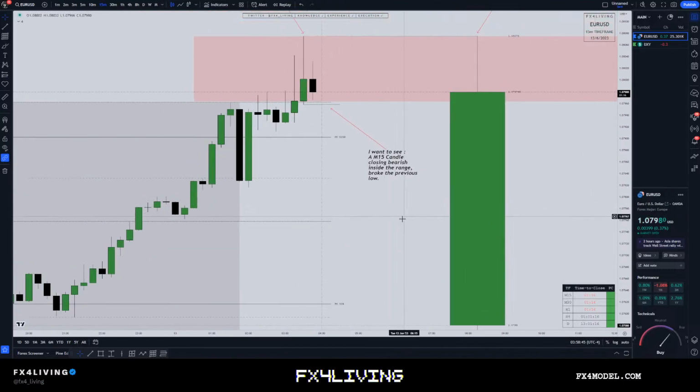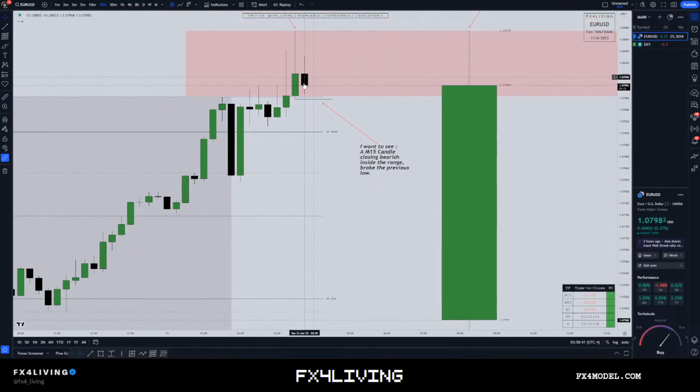So look, 1 minute left. We got a bearish candle close in 1 minute, but the bearish candle still respects the previous low of this one here, right? You know what I mean?